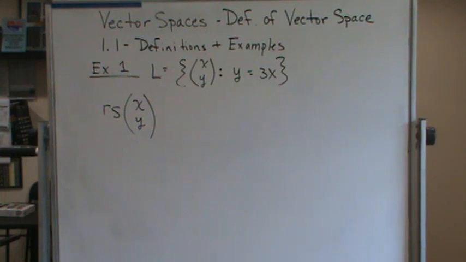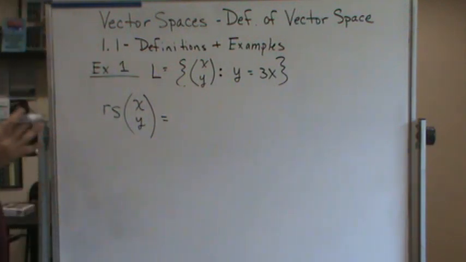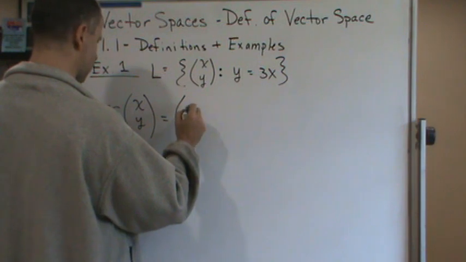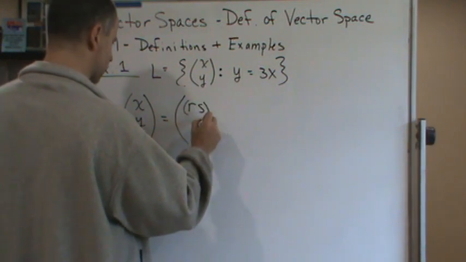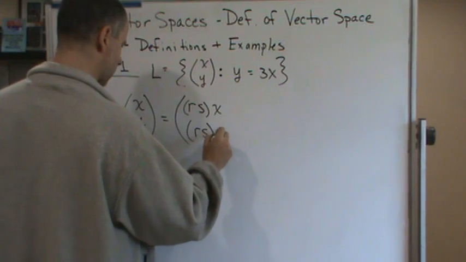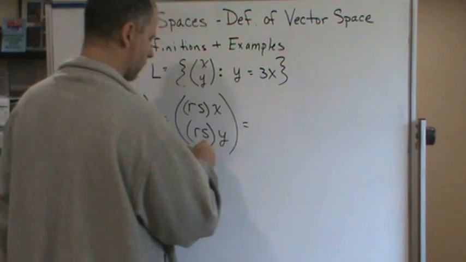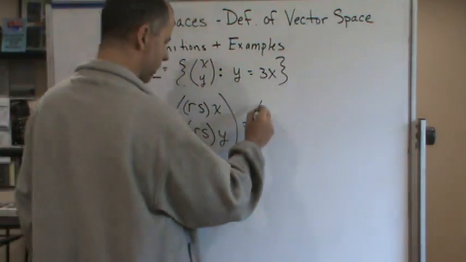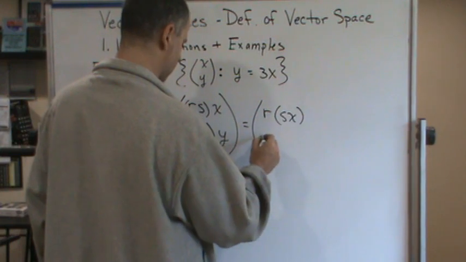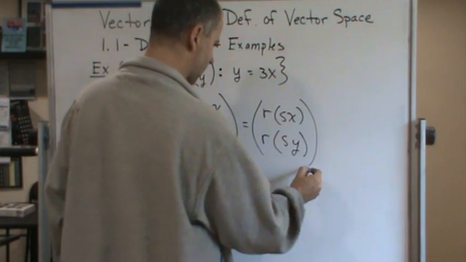So let's do this again. We're just going to bring it in and then use the associative property for real numbers. So we're going to do this component-wise, right? Scalar multiplication. So it's going to be (Rs)x, (Rs)y. And now we're going to use the associative property inside. So that's just going to be R times Sx, R times Sy.